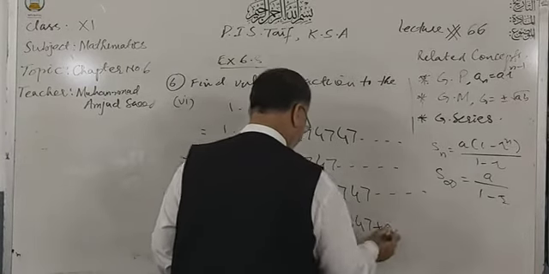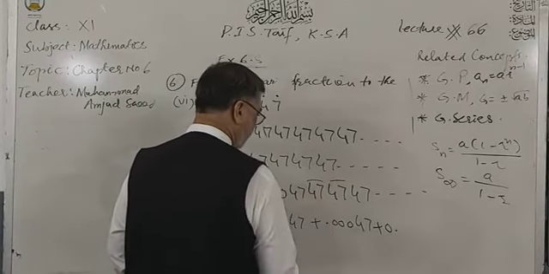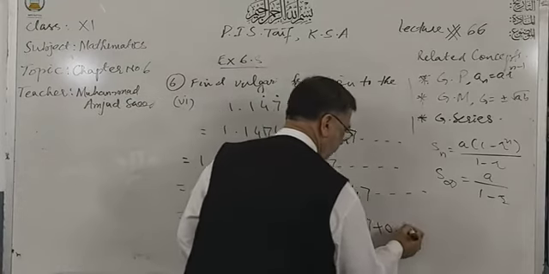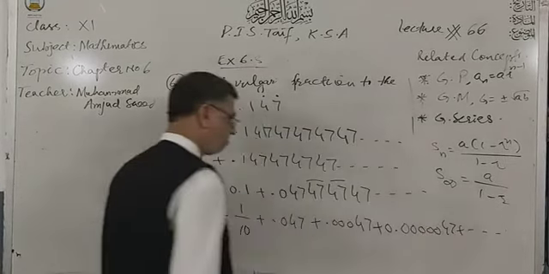Then for the next 47, how many zeros? 1, 2, 3, 4 and 5. 5 zeros, then 47, plus so on.